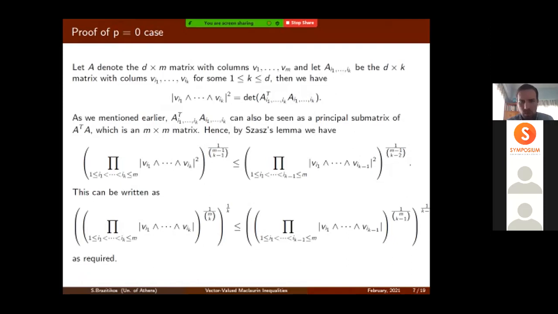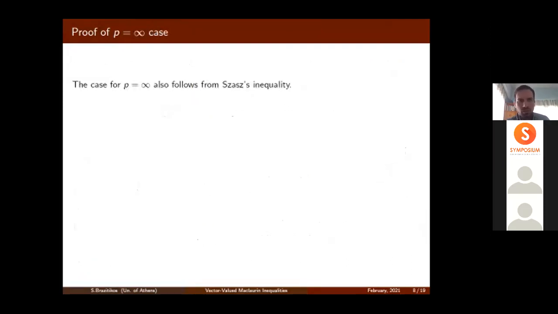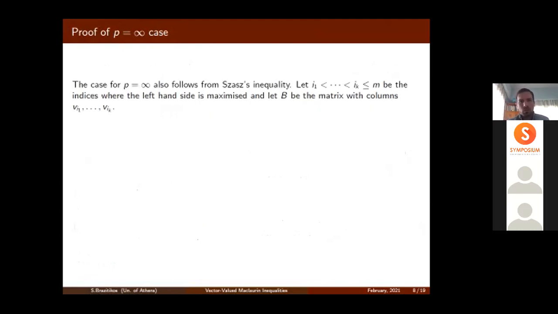Okay, so that was p equals 0, and p equals infinity also follows from the SAS inequality, but in another way. Let me say that in the case p equals infinity, the p mean of the numbers becomes the maximum.